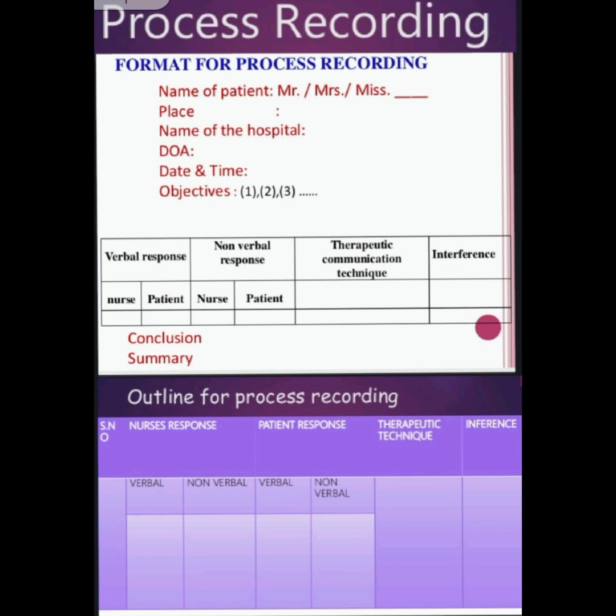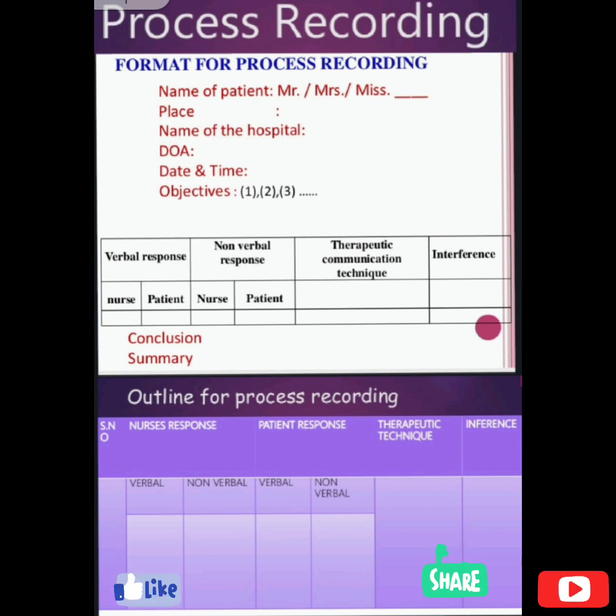And about the non-verbal response, what non-verbal communication techniques the nurse is using, you have to write in the nurse column. And what the patient is responding to you with non-verbal communication techniques, that also you should write in the patient's column. And then the next column is therapeutic communication technique. Which technique are you using?